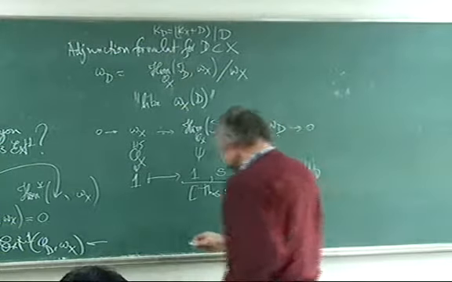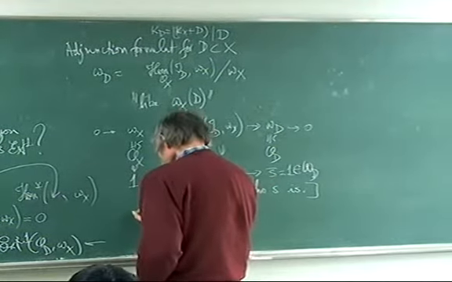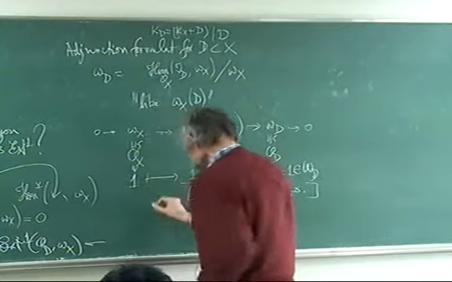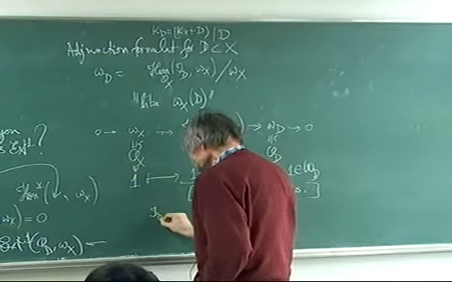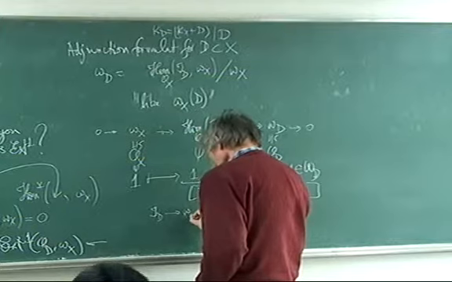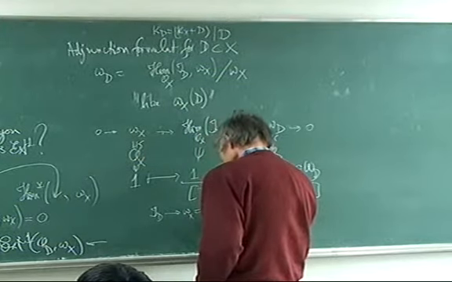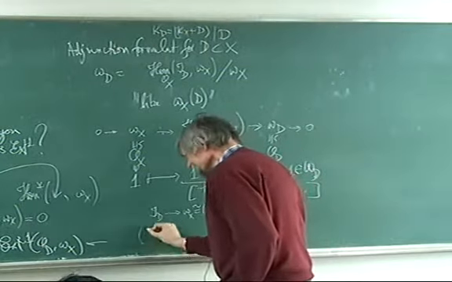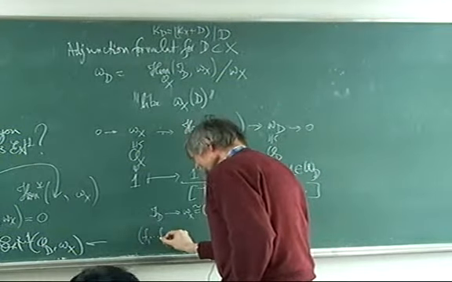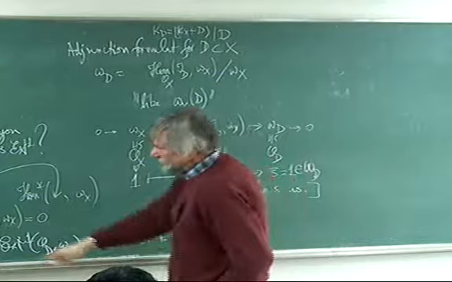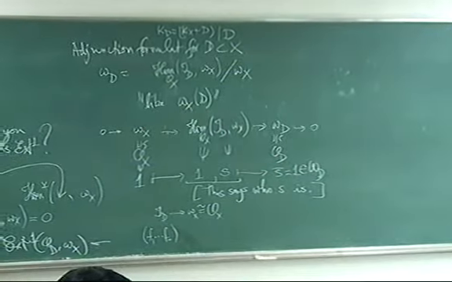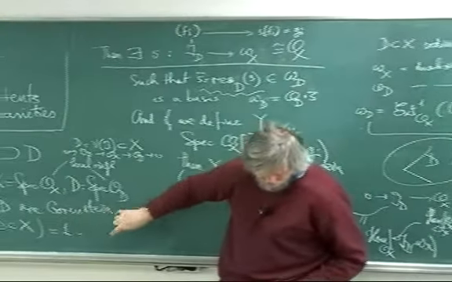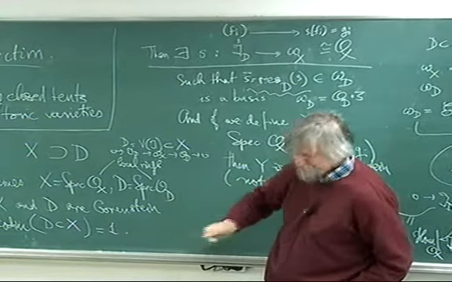The next thing I want is that I'm thinking of this as ID mapping to omega X, and omega X itself is isomorphic to OX. If this ideal is generated by F1 up to Fn, incidentally, I started off by saying Gorenstein. If you know the commutative algebra, you won't worry about this at all.